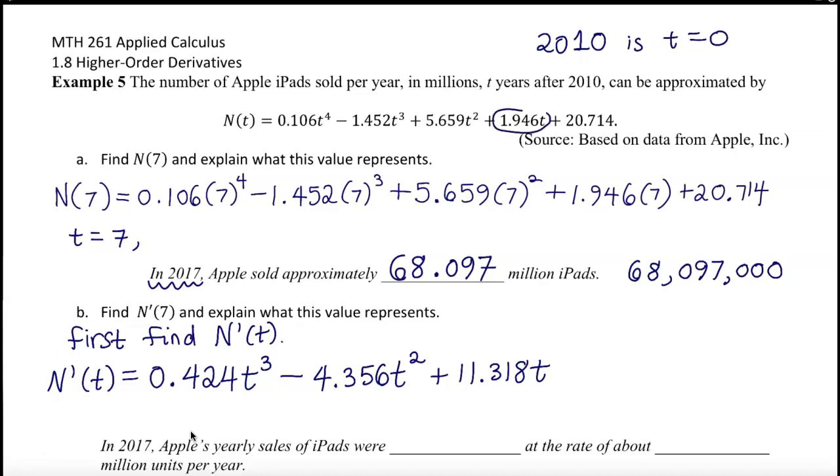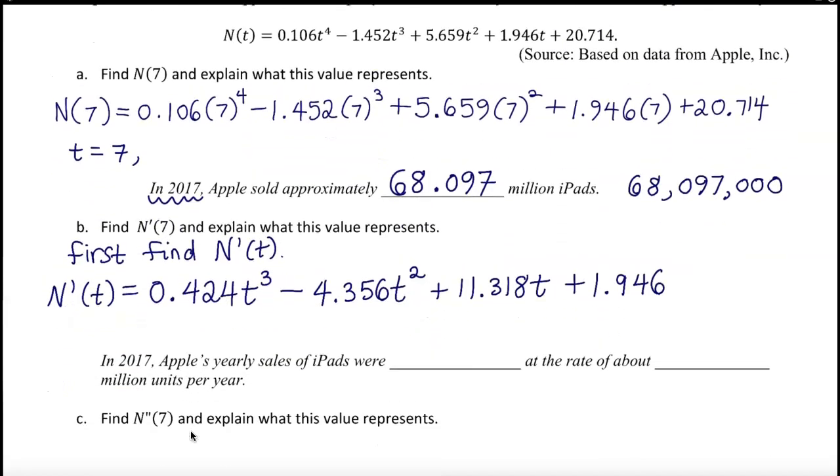If you differentiate 1.946t, that's just going to be plus 1.946 with no t. And lastly, the constant, the derivative of this constant will just be 0, so we do not need to write it.